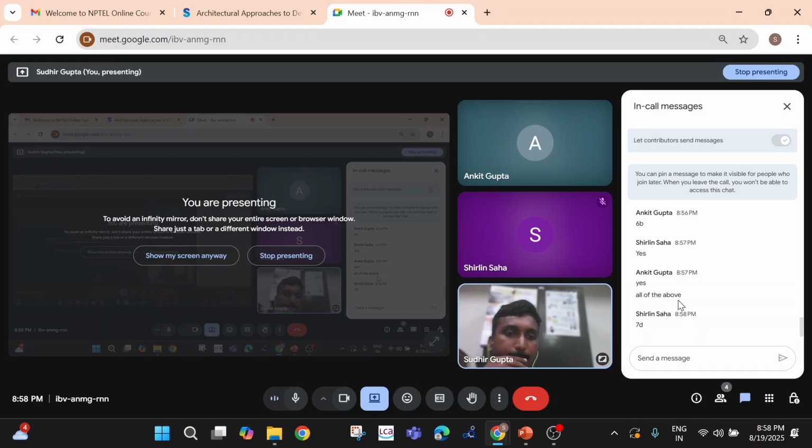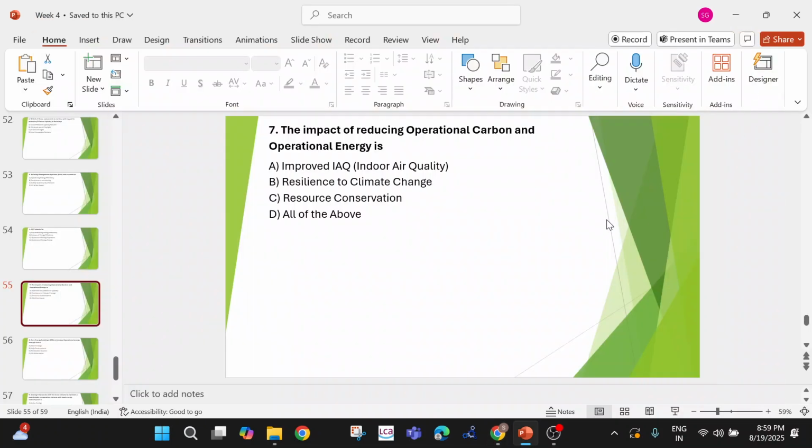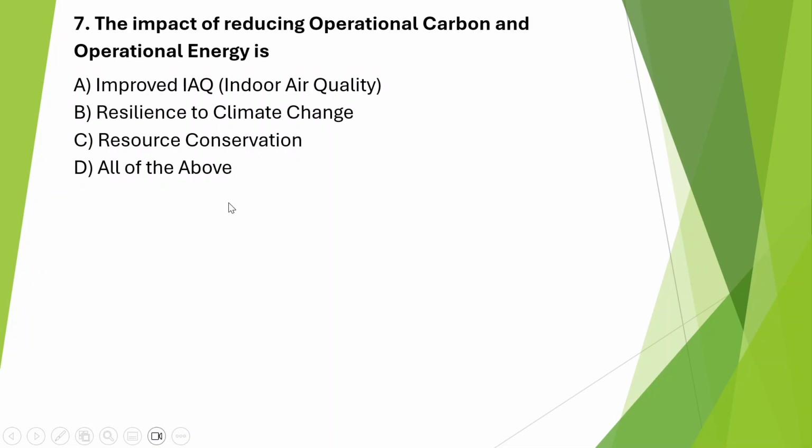As I can see, all of the above has been opted by most of you. So seventh, D. You think that whenever you reduce operational carbon and operational energy, it will be improving the IAQ that I discussed in the sample problem, that is the indoor air quality, resilience to climate change, and resource conservation. So all of them are correct. That's why all of the above is the correct answer for this question.